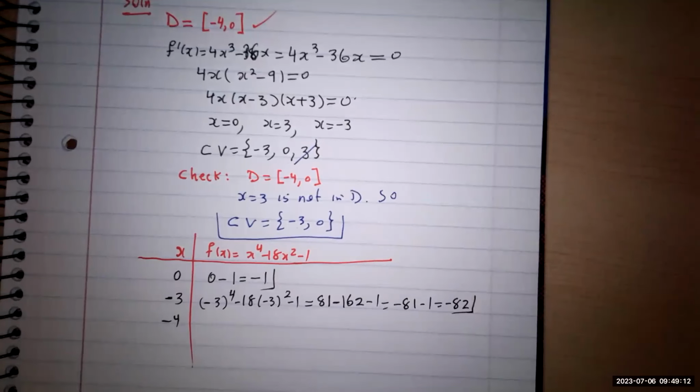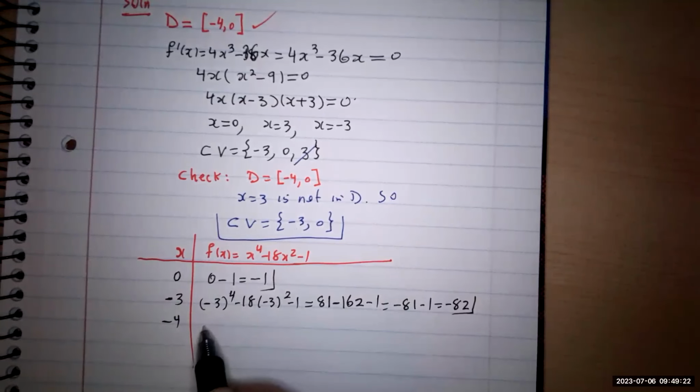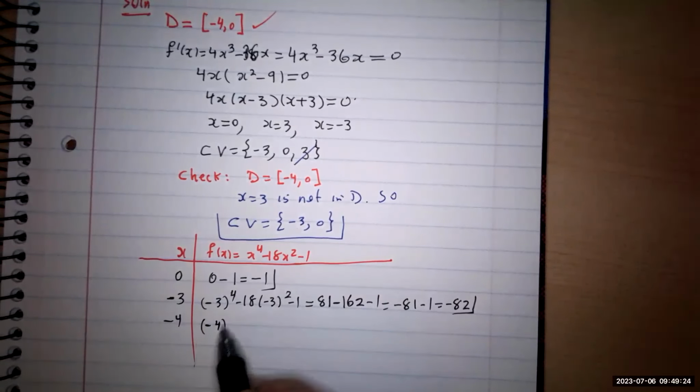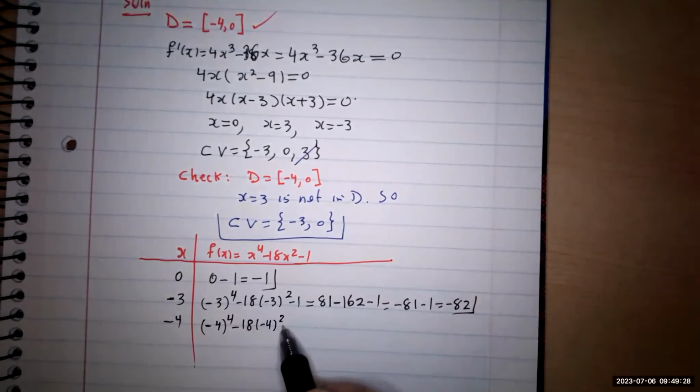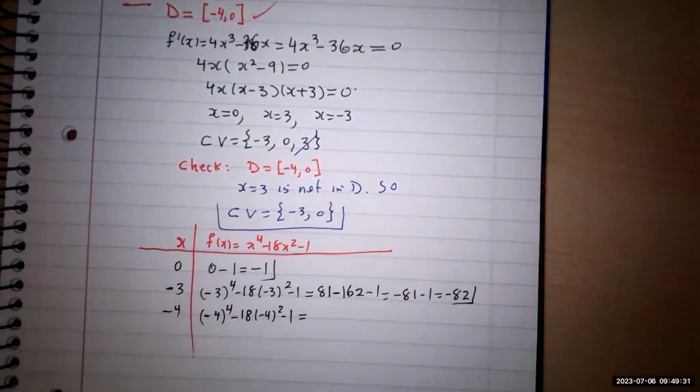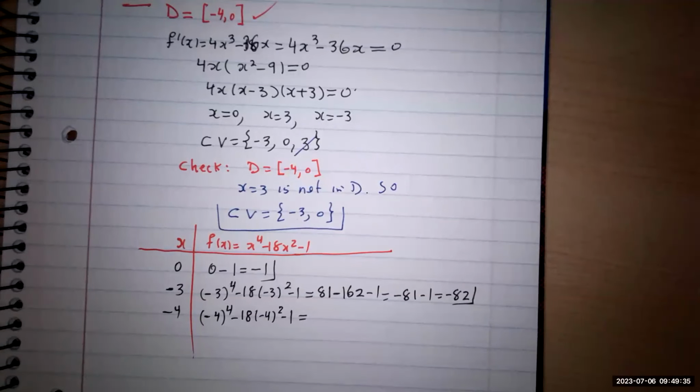Okay, so this is going to be the second possibility over here. We pick the -4: -4 to the 4th minus 18 times -4 squared, minus 1. Check this one. -4 to the 4th: 16, 64, 256.